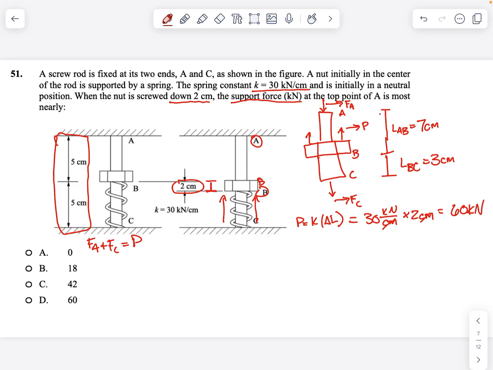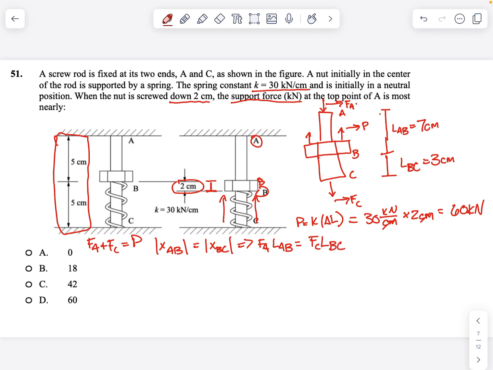To do that, we are going to break it down a little bit. We're going to call this XAB, using just the magnitude, and that is equal to the magnitude of XBC. Simplifying that a little bit, and I'll show you in a second where I'm getting those values, we're going to go FA times LAB equals FC times LBC.